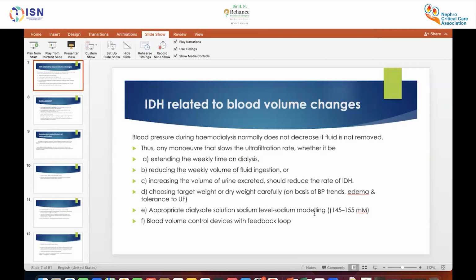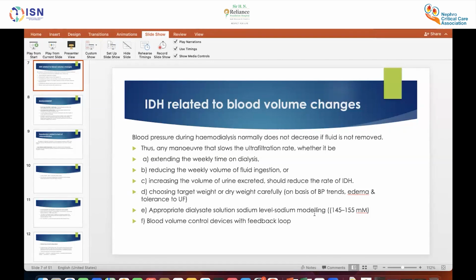Okay, our body is like that. Physiological response is like that. So if the sodium level in your blood goes up, you have intense thirst, you drink more water and dilute the sodium to your normal plasma osmolarity, whatever 140 sodium concentration, 140 to 145 milliequivalents per liter. So we have seen people going into this sodium modeling and coming back with increased amount of weight gain rather than decreased one.